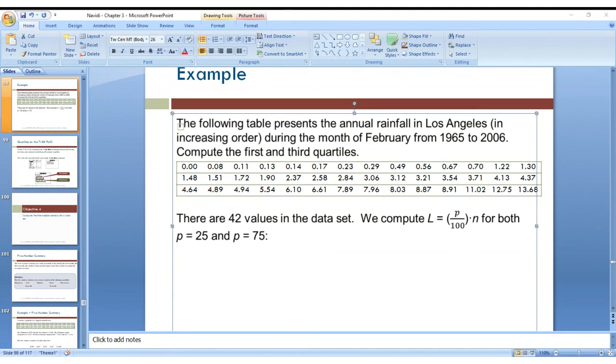And like I said, we could also do it in Excel, or any kind of spreadsheet. I'll show you that next week.